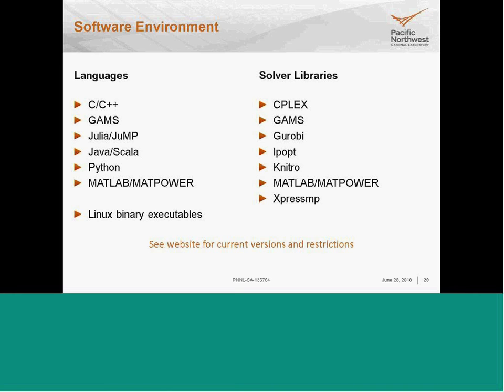Right now, if you can give us C++ code, we can make the file using GAMS, Julia, JuMP, Java, Scala, Python, MATLAB, MATPOWER. These are all wide open code, so that we can see what your algorithms are.